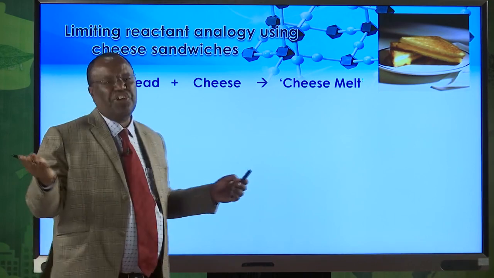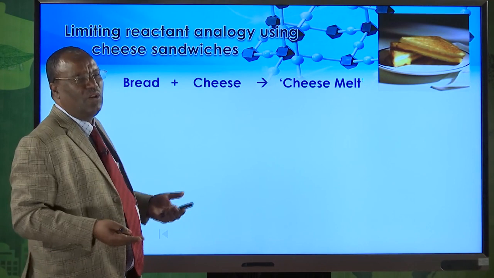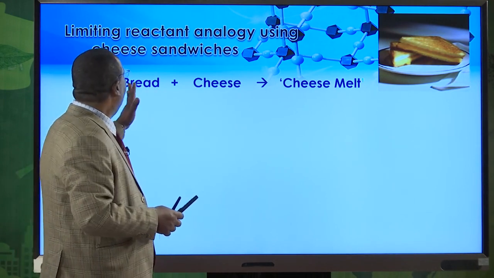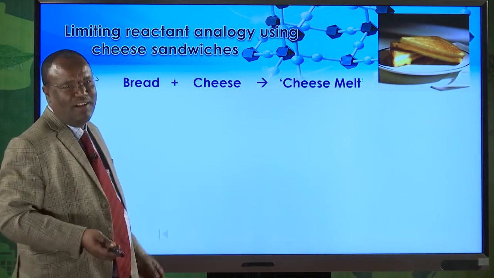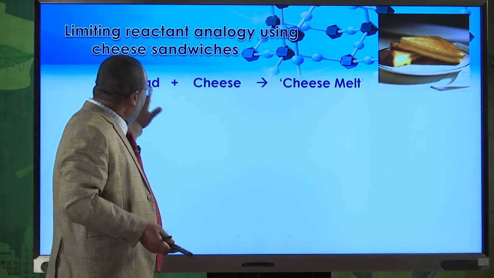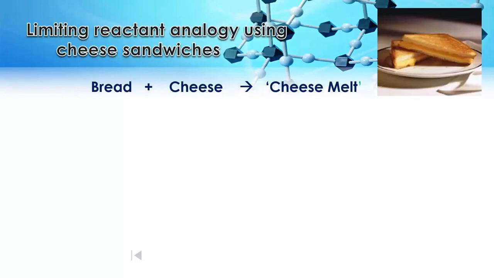Let us use an analogy that is connected to your daily life: a limiting reactant analogy using the preparation of a cheese sandwich. Let us say you have bread and cheese. Bread plus cheese will give you a cheese melt or sandwich.